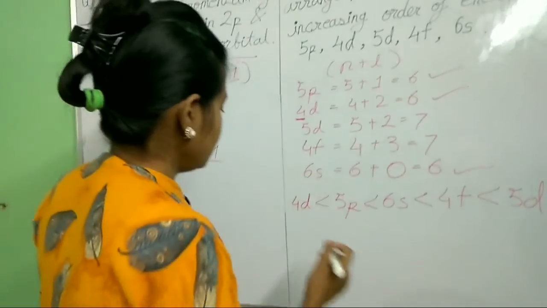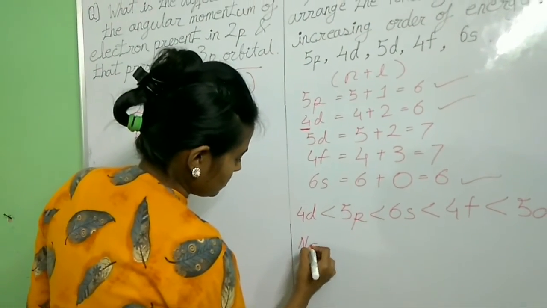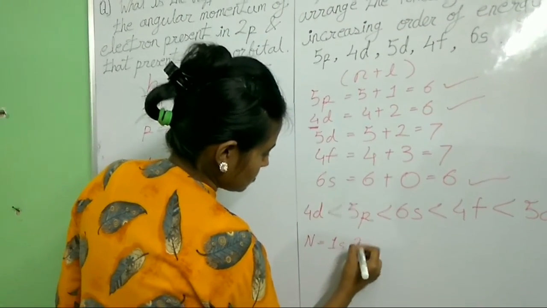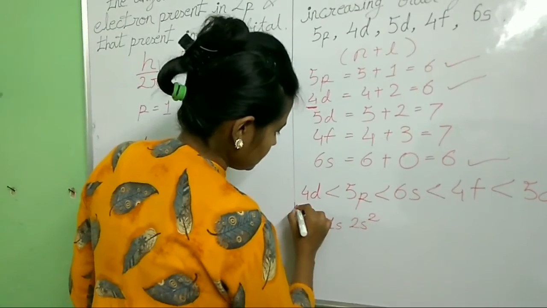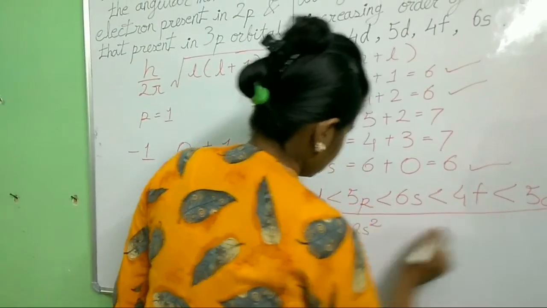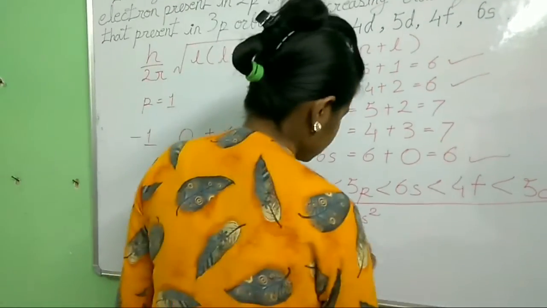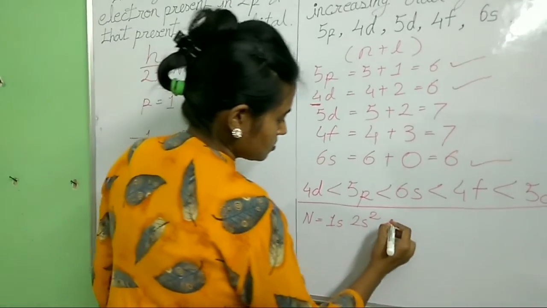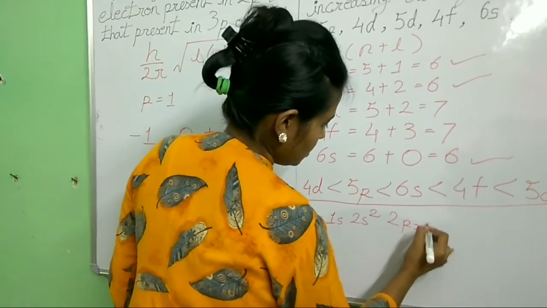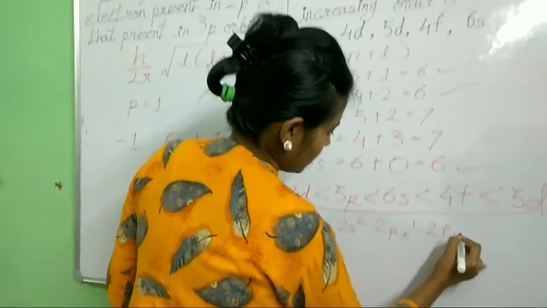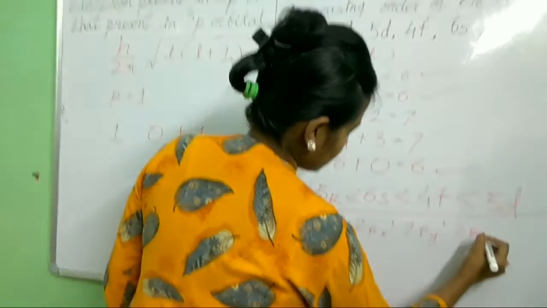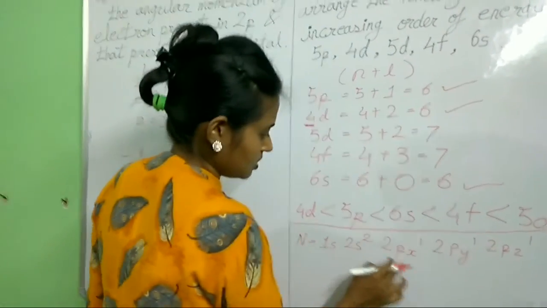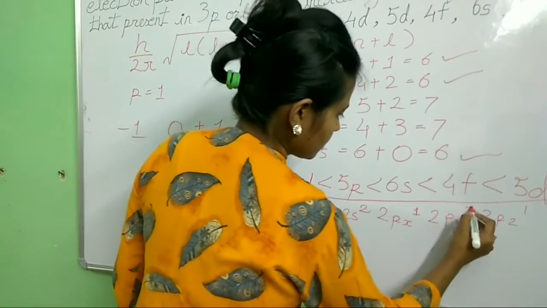For example, for nitrogen, I am taking the example of Hund's rule: 1s2, 2s2, 2px1, 2py1 and 2pz1. So in each one we have filled.